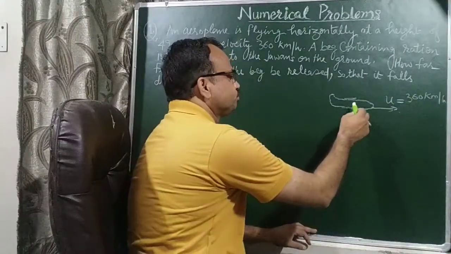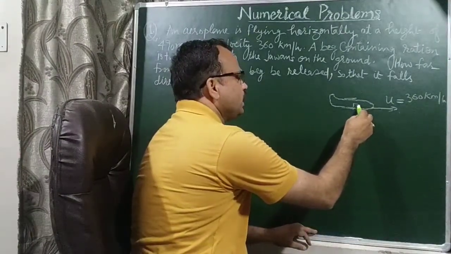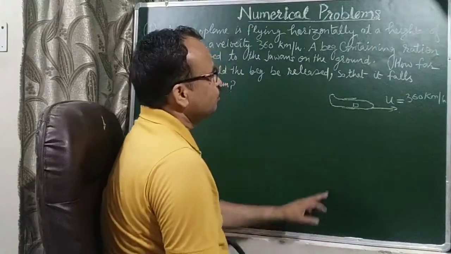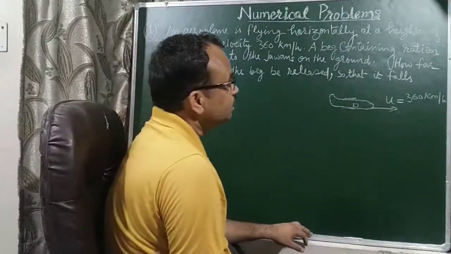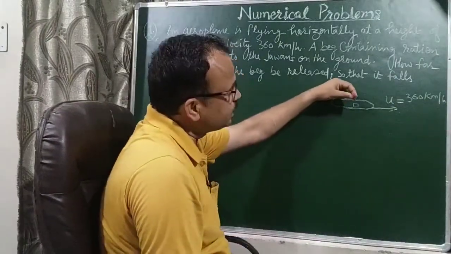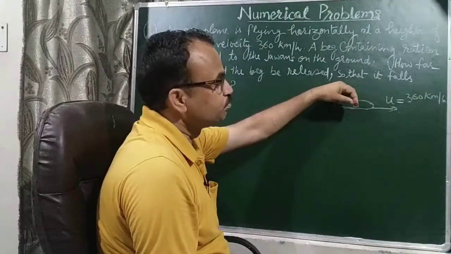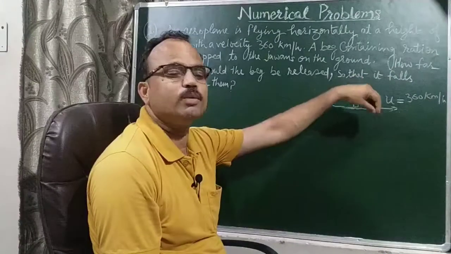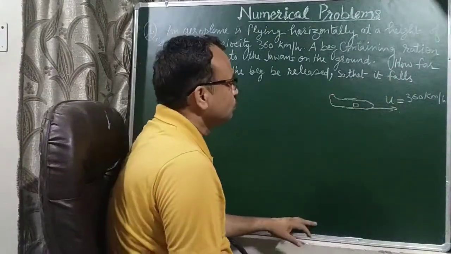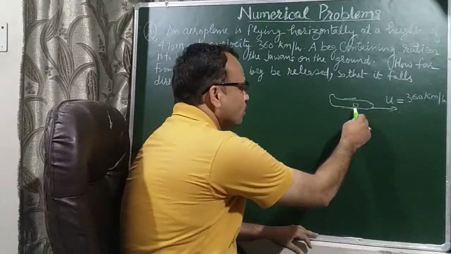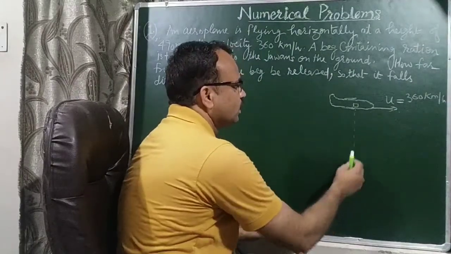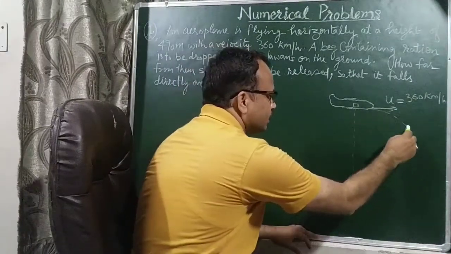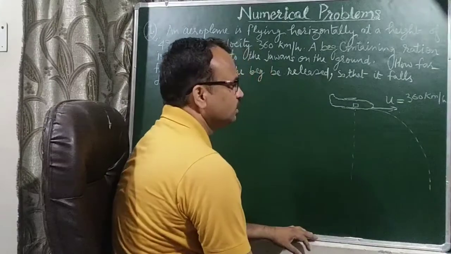If we drop anything from this window, then after releasing the body from this window, the body gains the velocity of the aeroplane, meaning it keeps moving with that velocity. So it will not fall vertically downward. It moves like this.